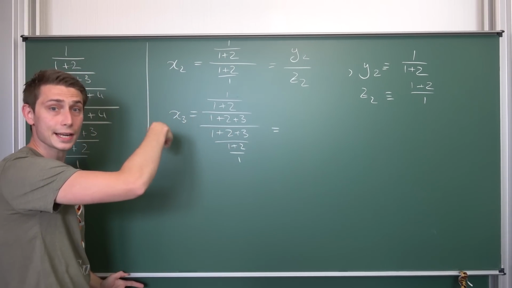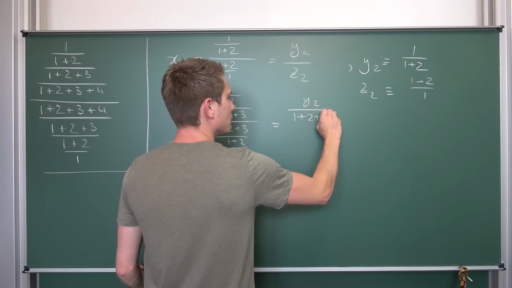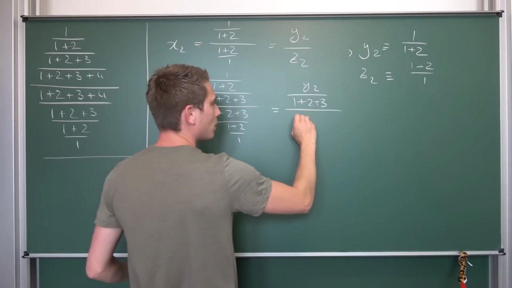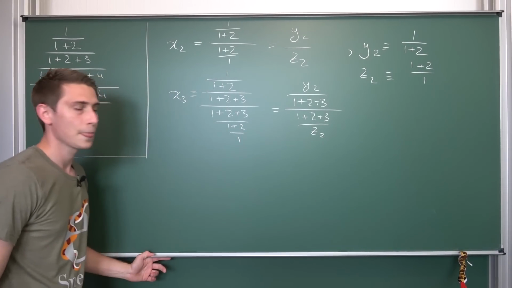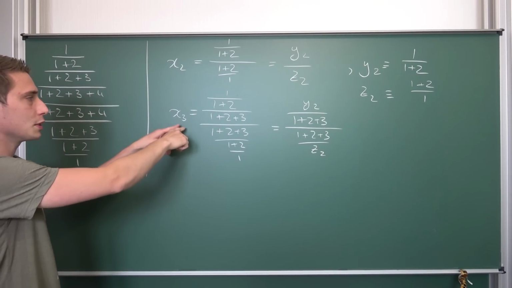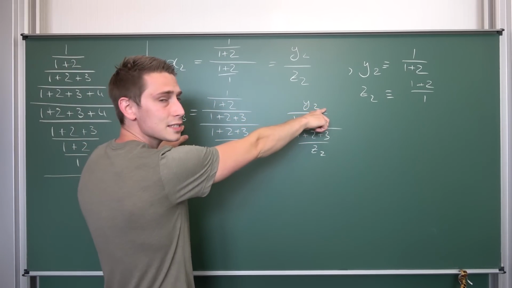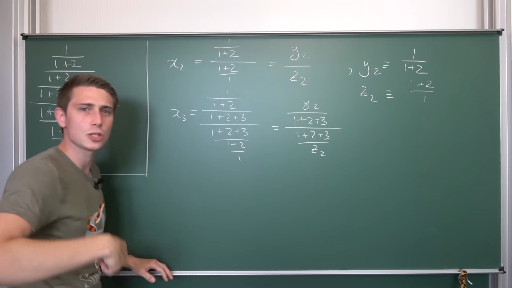Meaning we can turn x3 into y2 over 1 plus 2 plus 3 over, and now 1 plus 2 plus 3 over z2. This is curious, right? We have brought our index back once, but we are still left with a summation of numbers here.